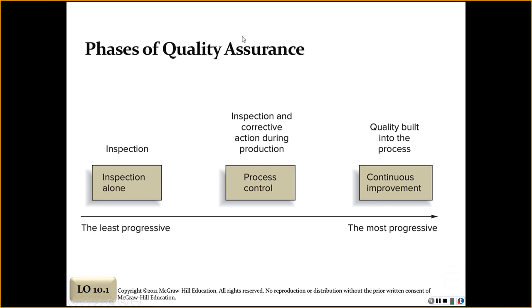An example of quality control would be car production. When a car company produces a car, at pretty much every stage of the production of that car, there are some standards that have to be met, and the company inspects those standards.